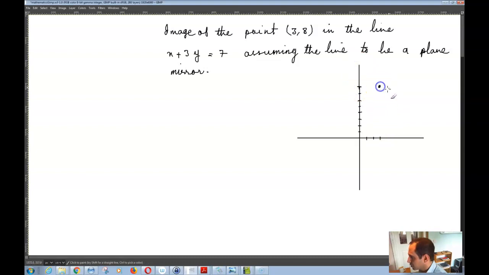So basically (3, 8) is this point over here. And this line over here is 3y is equal to negative x plus 7, or y is equal to negative 1/3 x plus 7/3.